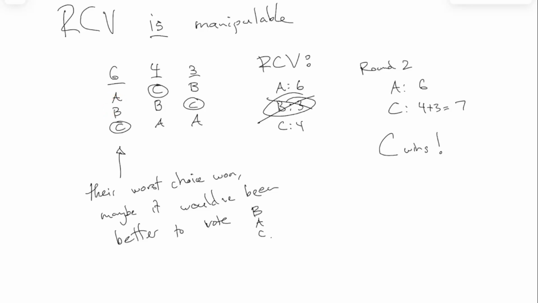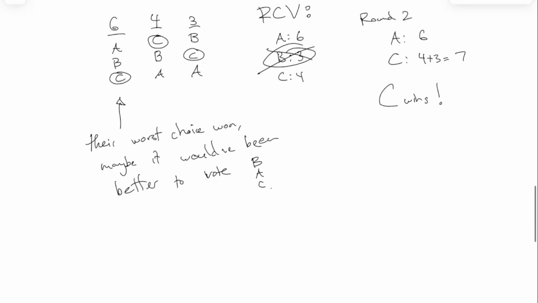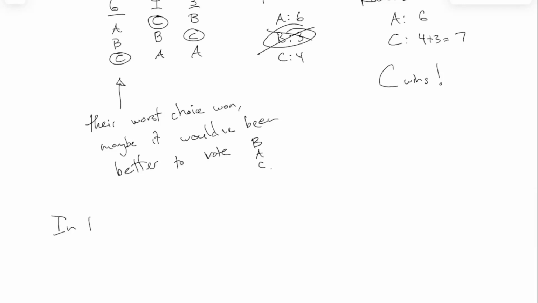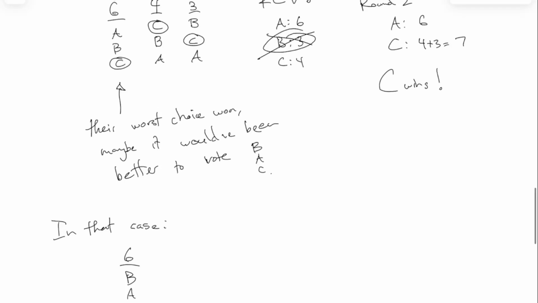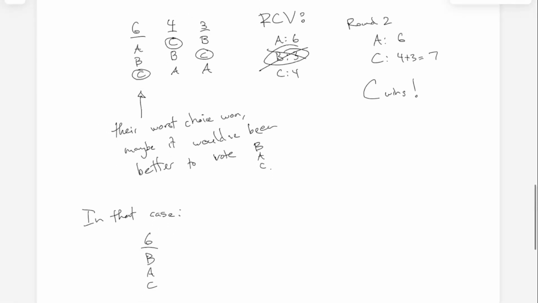So let's see what would have happened in that case. Can they actually get a better result? It would say 6 BAC this time, and then the rest the same: 4 people CBA, 3 people BCA.